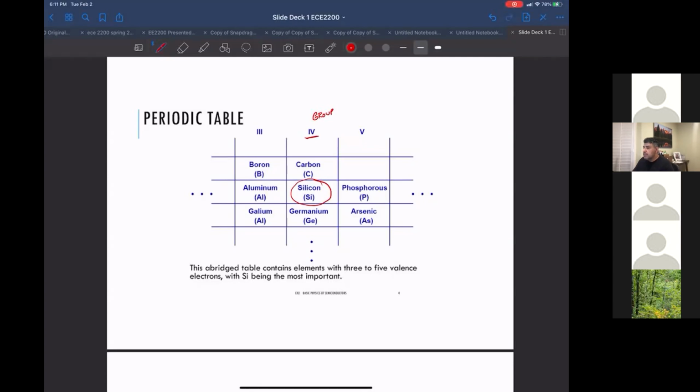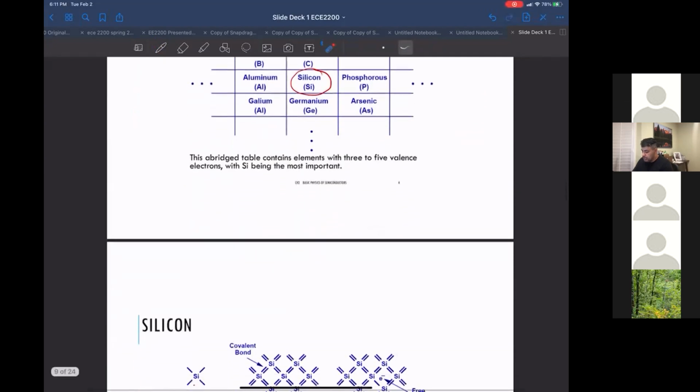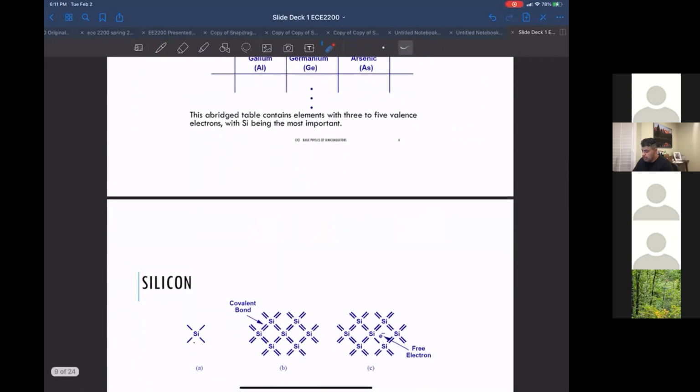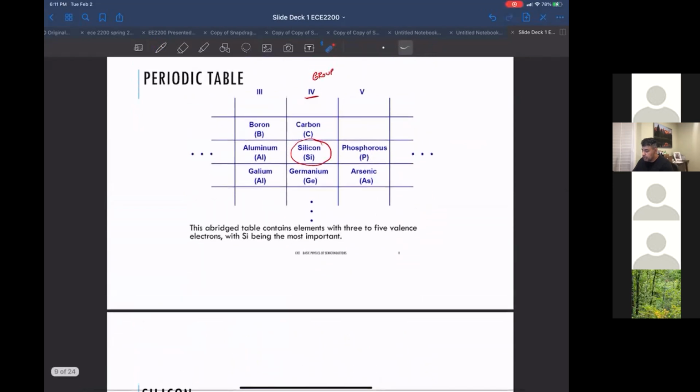One of the nice things about silicon and the fact that it's a group 4 element is that you can modify its resistance by adding or subtracting things from group 3 or group 5 in the periodic table to it.